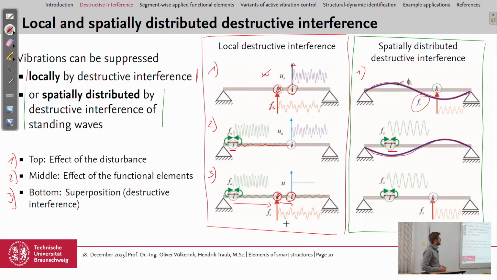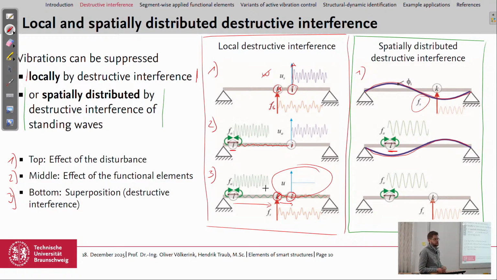And then the aim is that in this point I, this is the point we want to calm down, we have the destructive interference, so that this point is not vibrating anymore.